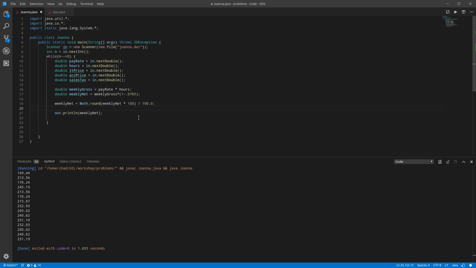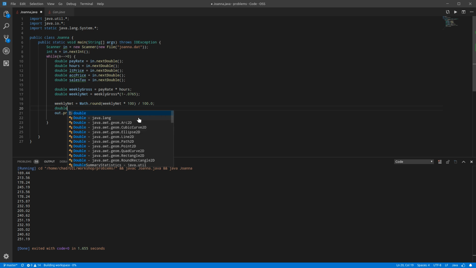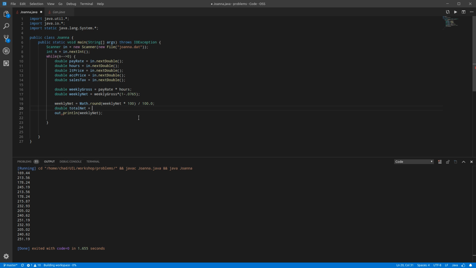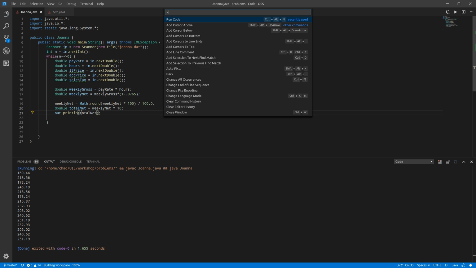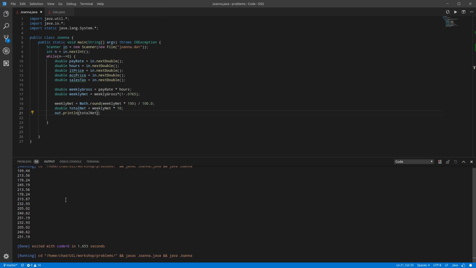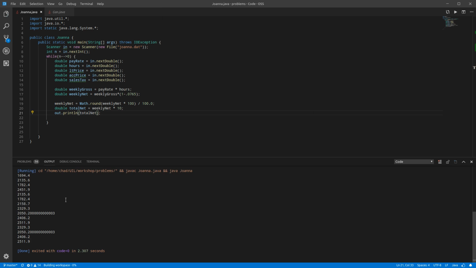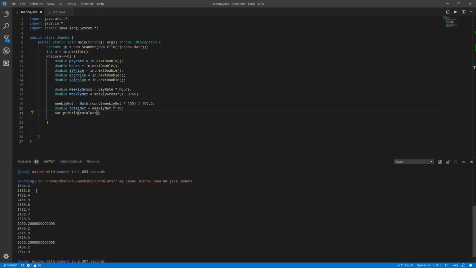Okay, so I'm going to say double total net equals weekly net times 10. And let's print out total net. Run that. And I think this is something we can actually confirm with our output that we're expecting.